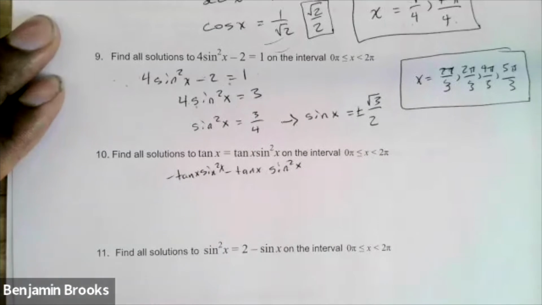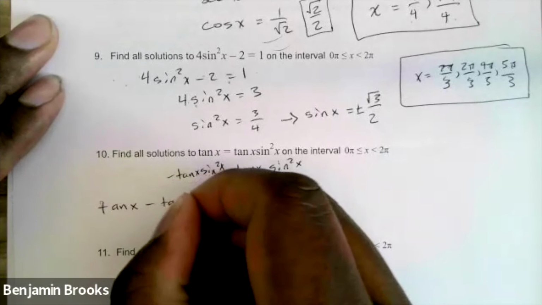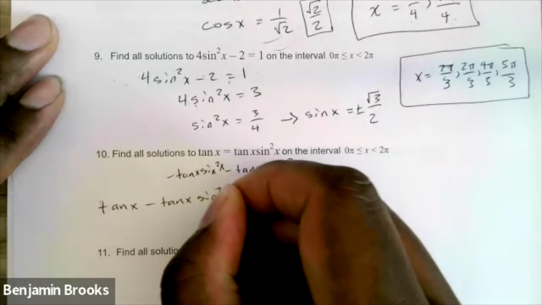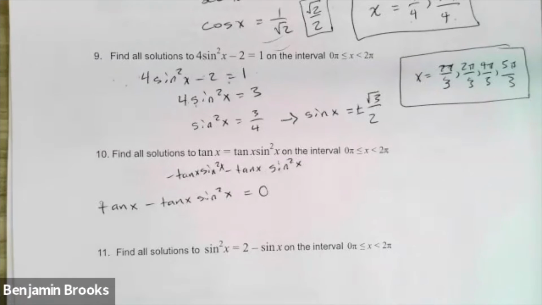So if I subtract it over, you end up with tan x minus tangent of x sine squared of x equals 0. What do I do now?